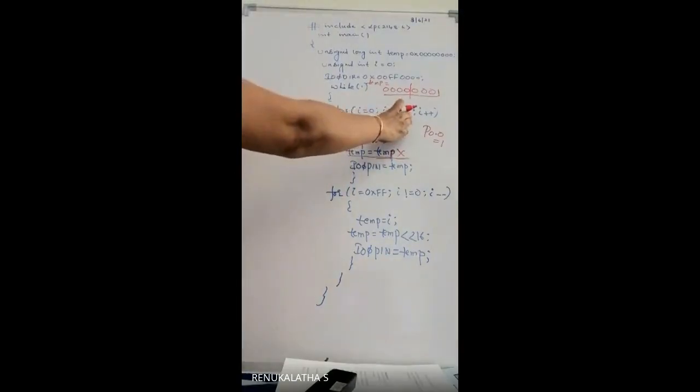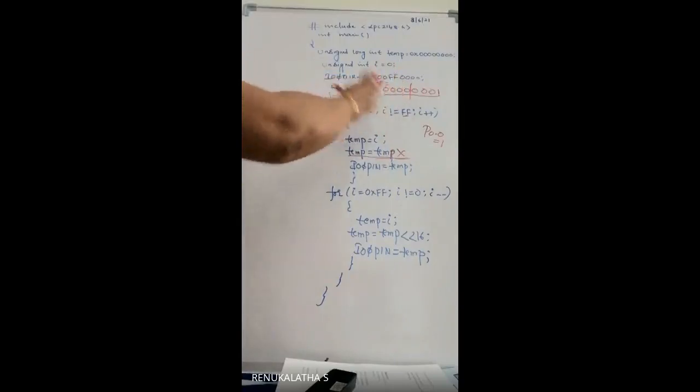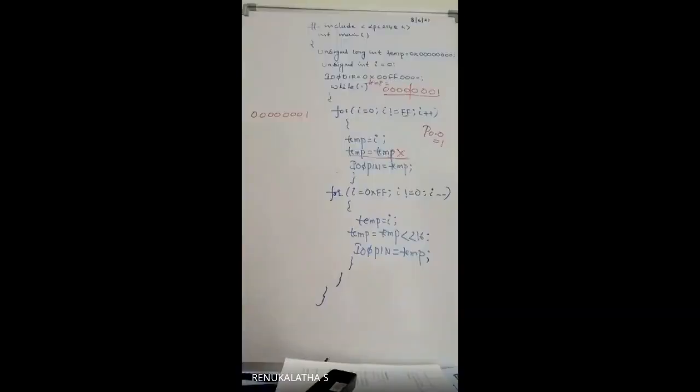The last bit of this position will receive 1. So to do that, we need to shift the data present in temp by 16 times, correct? Yes, ma'am. I hope all of you have understood.